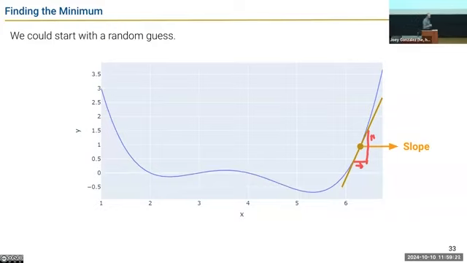What is it? The slope of this line is a number. It's the ratio of the change in y over the change in x at that point, right? It's a positive number.